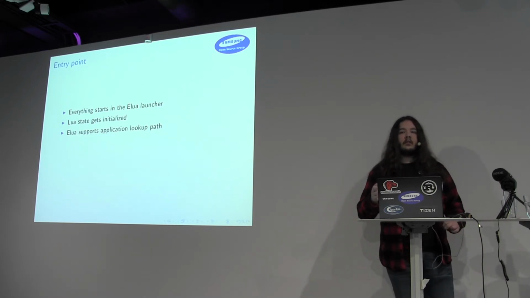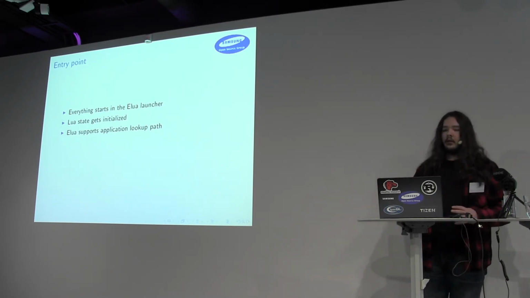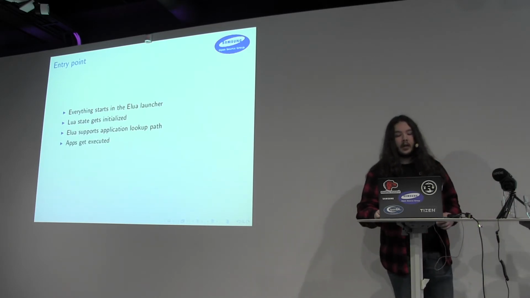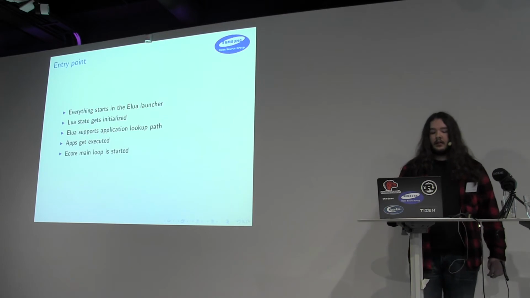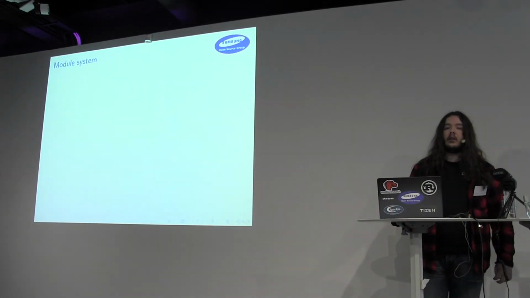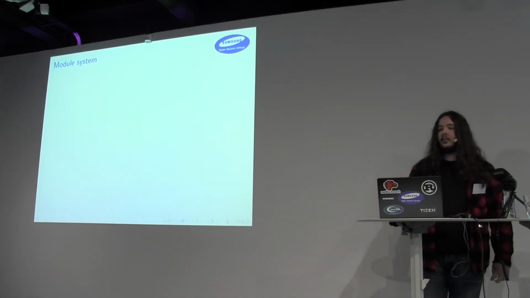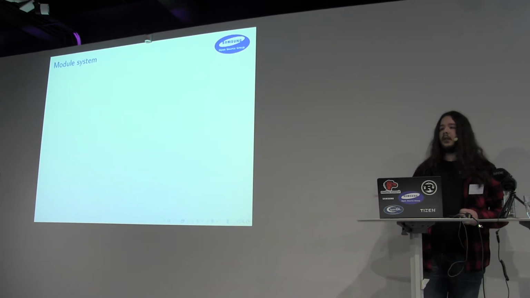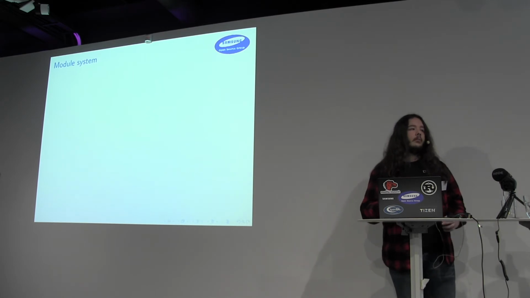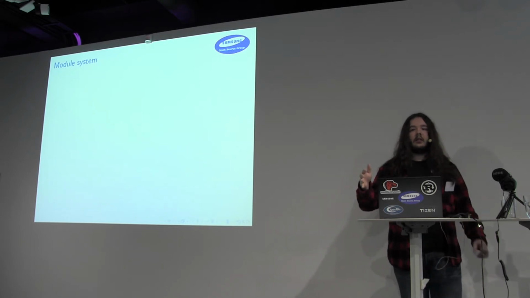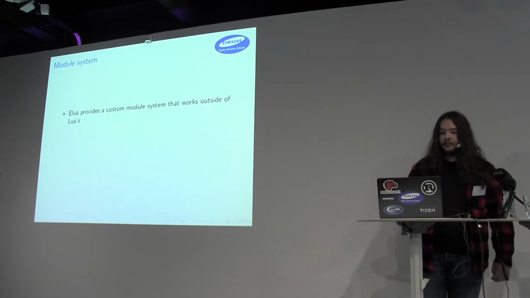Lua itself supports sort of an application lookup path, which is similar to package.path in standard Lua, but it's used to load Lua applications. Applications then get executed, and the main loop is started depending on if you return from the application or not. In some cases you might want to return because it's just a command line application which ends right away, there's no GUI. This is the case, for example, with the generator for the bindings we have, because you execute it on the command line and it doesn't go anywhere else.